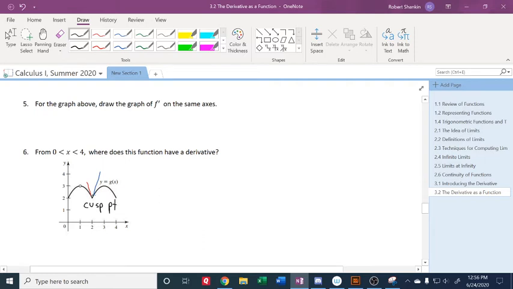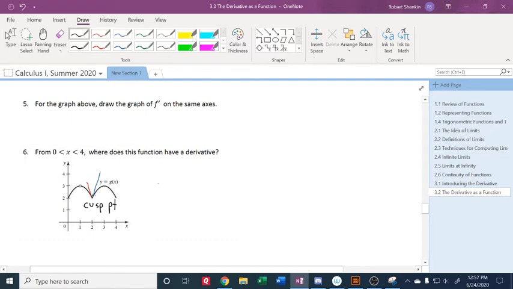Derivative does not exist. Let me first ask, when x is equal to 1, does the limit exist? Yes, it does.